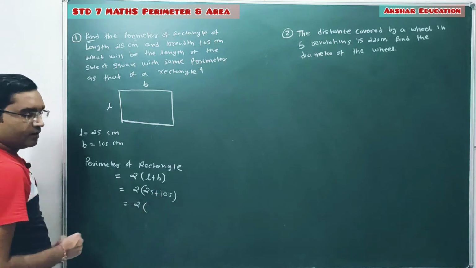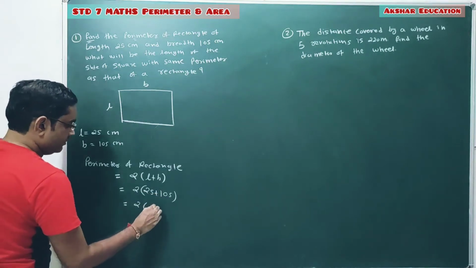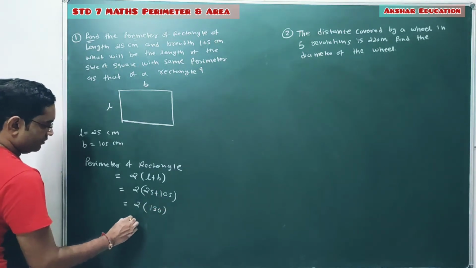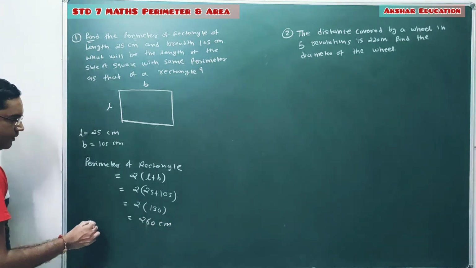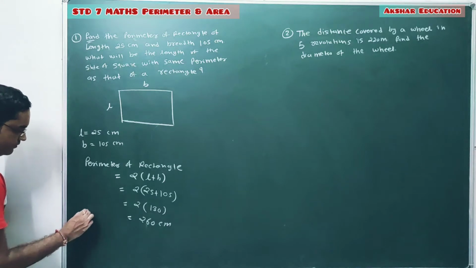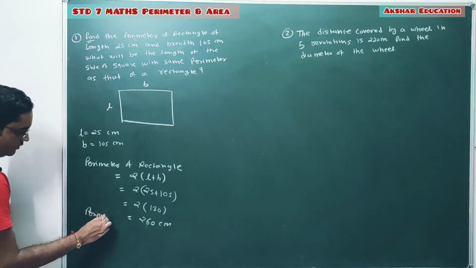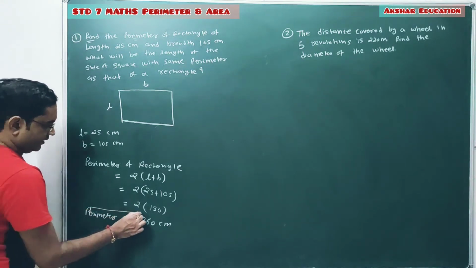This is equal to twice of 25 plus 105, 130. So this is equal to 260 centimeter. This is the perimeter of rectangle.